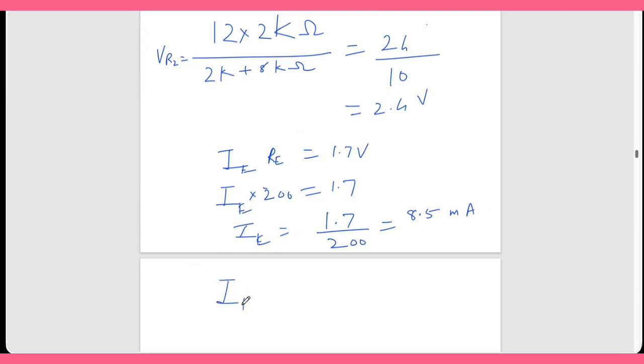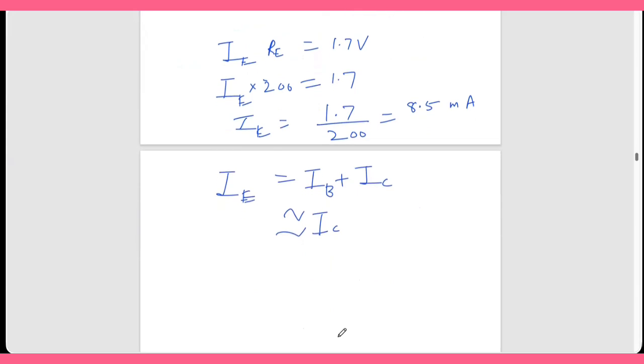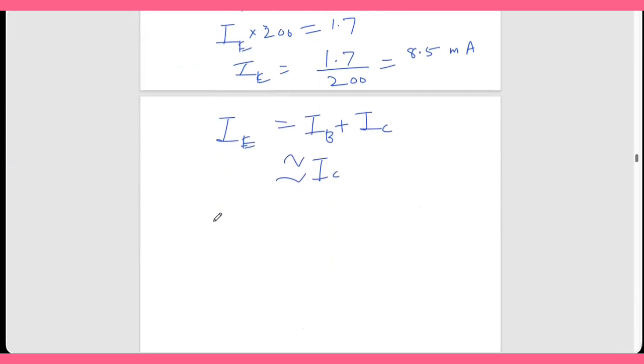And since IB is neglected, IE is actually IB plus IC, so it is almost equal to IC. So IC is also 8.5 milliamp.